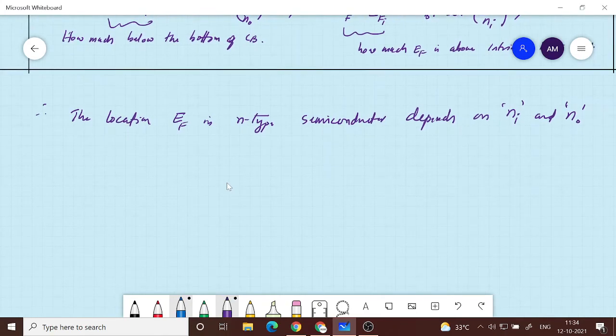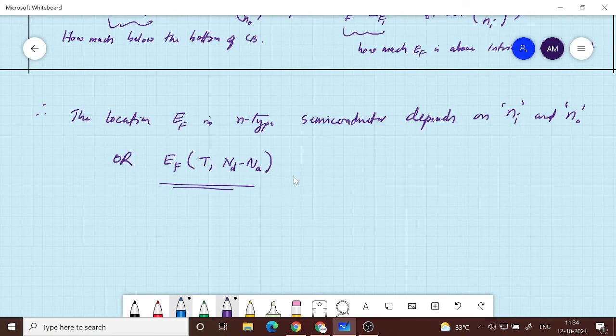Therefore EF is a function of temperature, because Ni depends on temperature, and the other is Nd minus Na. EF is a function of both the doping concentration, Nd minus Na, and the temperature.